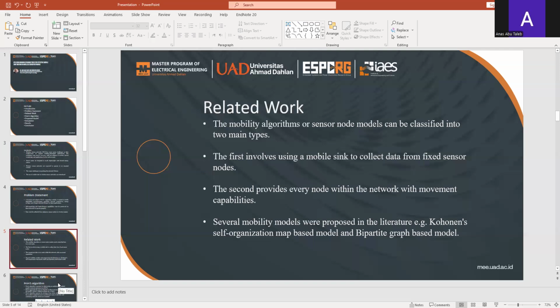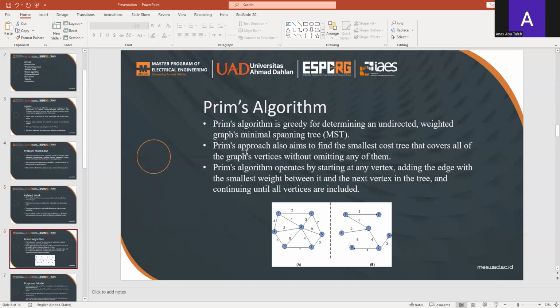To talk about the basis of the mobility model that was proposed in this paper, we will give an overview of Prim's algorithm. Prim's algorithm is one of the greedy algorithms that are used to build a minimal spanning tree from an undirected weighted graph.